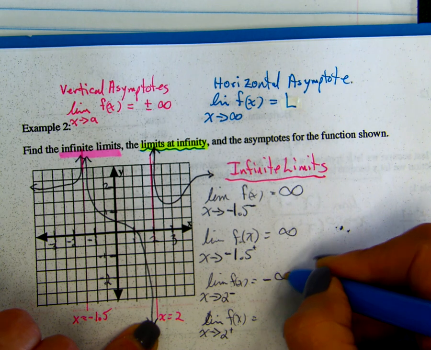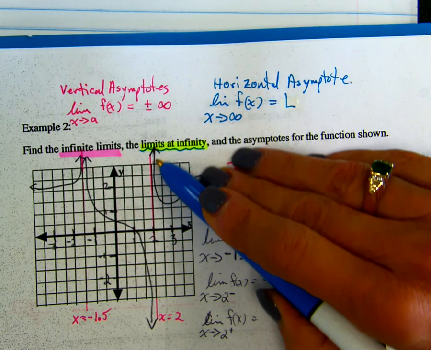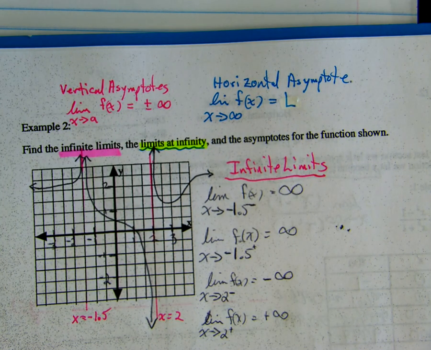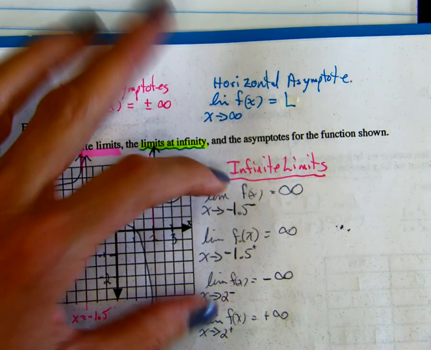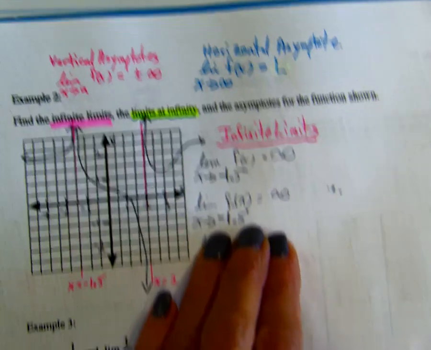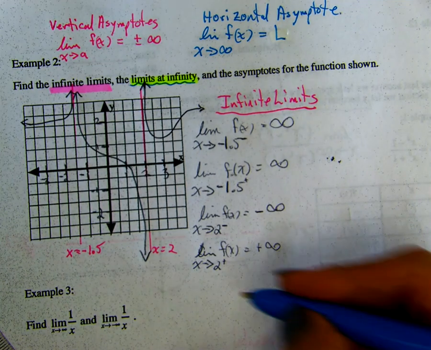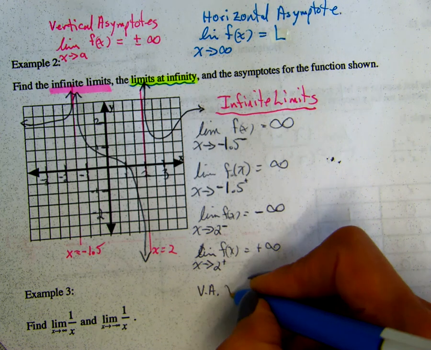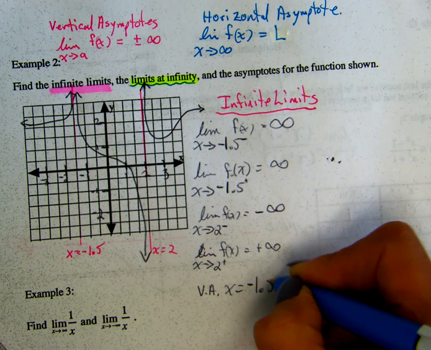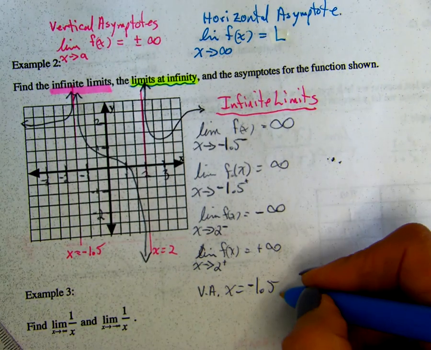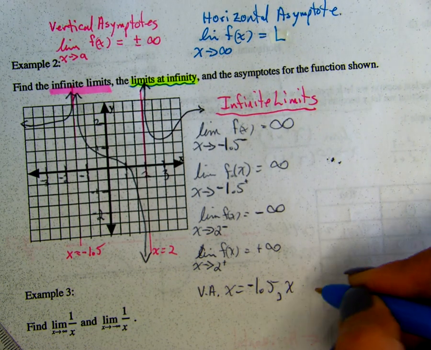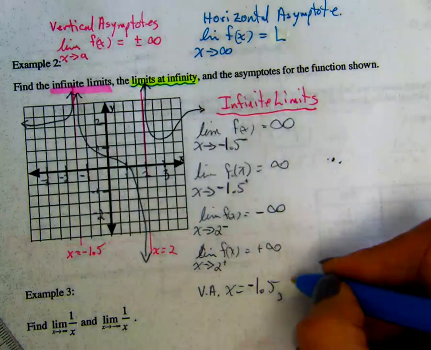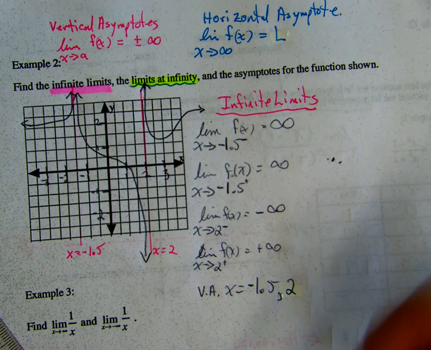Okay, at the x value of 2, it looks like the values are negative as I approach from the left. As I approach 2 from the right-hand side, I go to positive infinity. So we have a vertical asymptote at x equals negative 1.5 and a vertical asymptote at x equals 2.